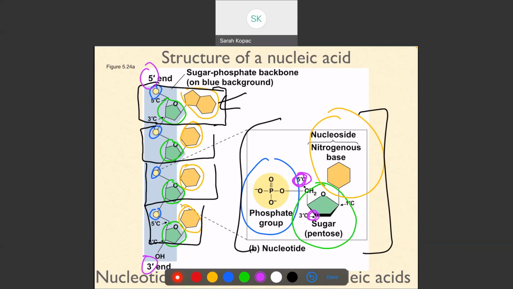So the 5' end of the polymer is the one that has the 5' carbon that's attached to the phosphate group, not attached to anything. So there's nothing attached up here. There's no additional monomers. There's no additional nucleotide. The 3' end is the end where we have no additional monomers attached to the 3' carbon, which is down here.